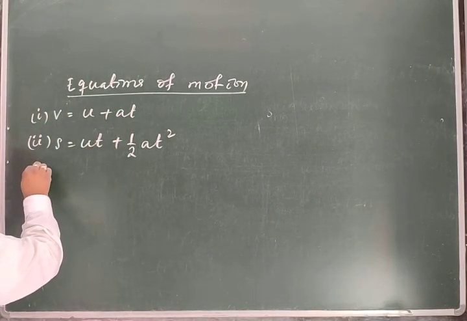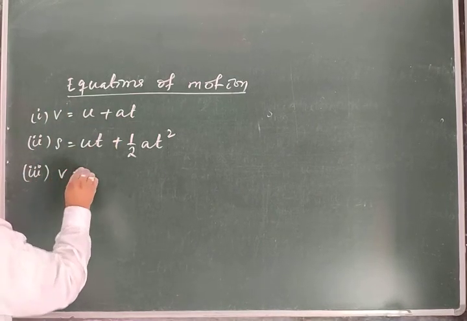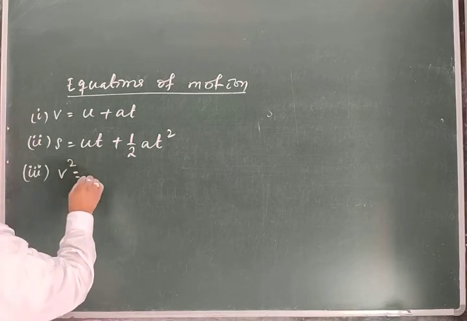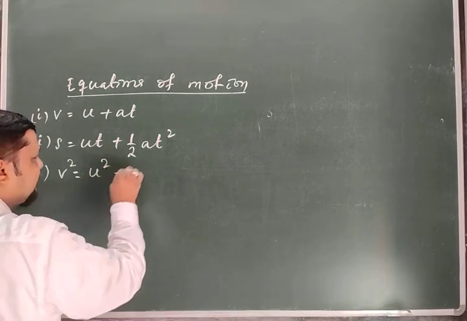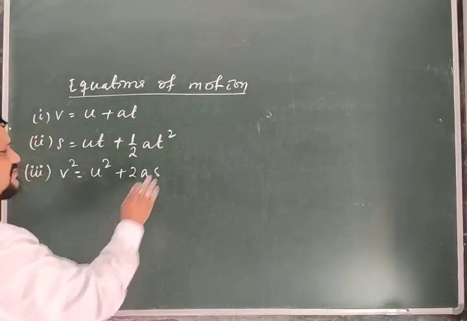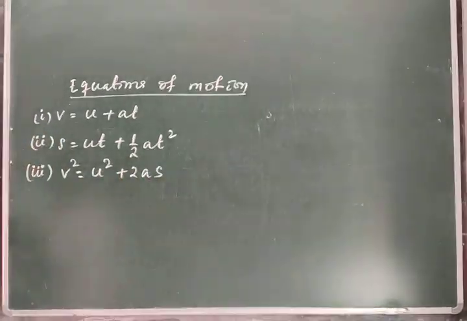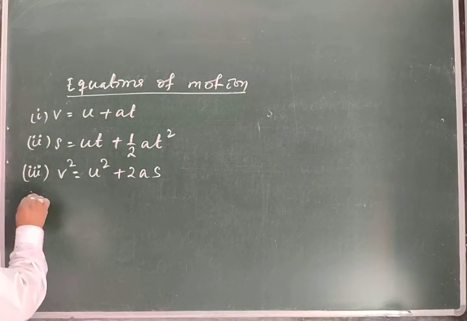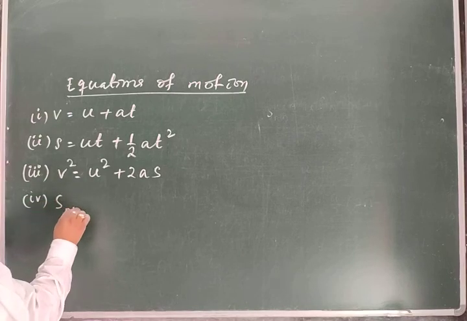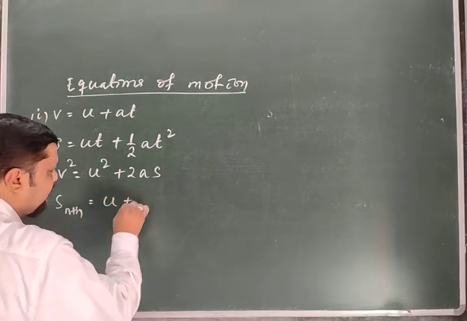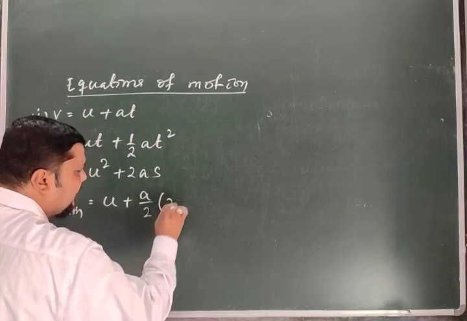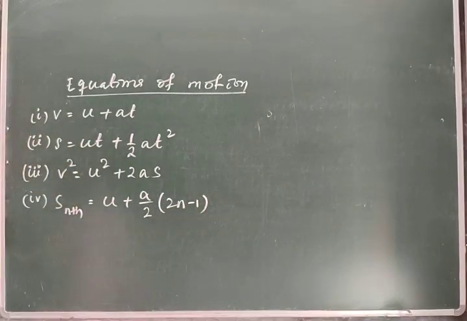Third, the velocity after traveling distance s: v squared = u squared + 2as, or v squared minus u squared = 2as. Fourth, the distance traveled in the nth second is u plus a by 2 into (2n-1). Got it, students?